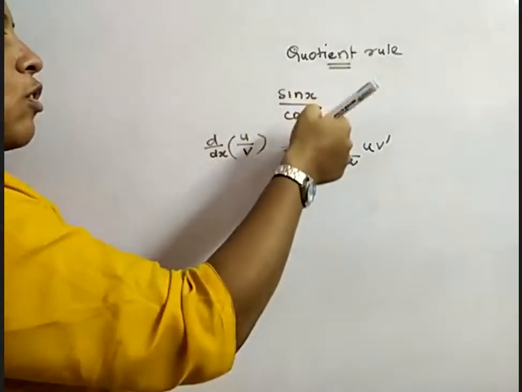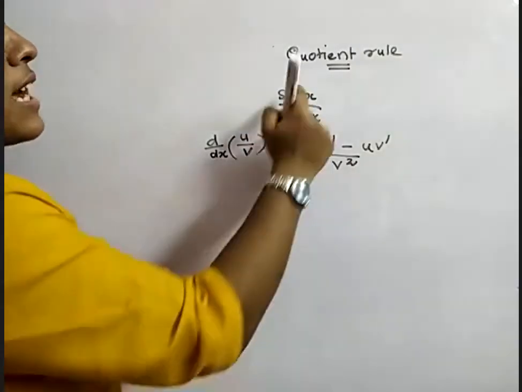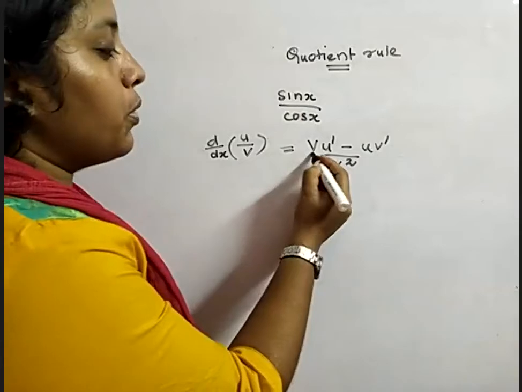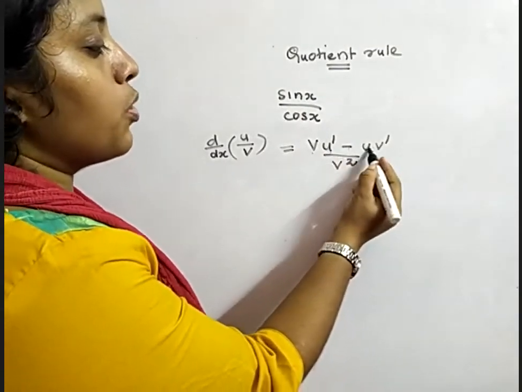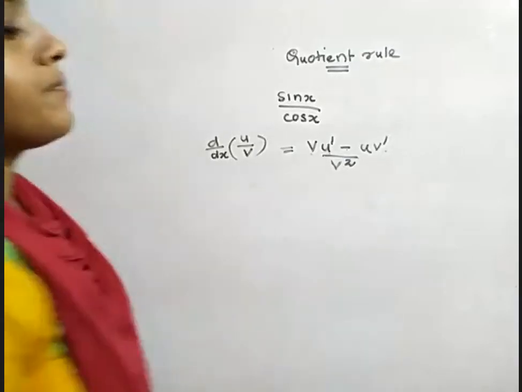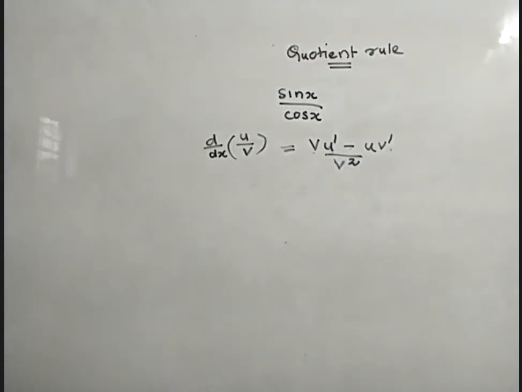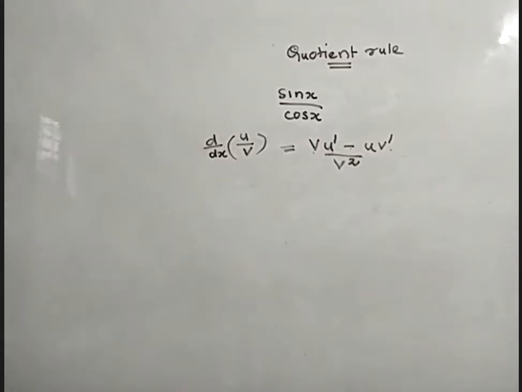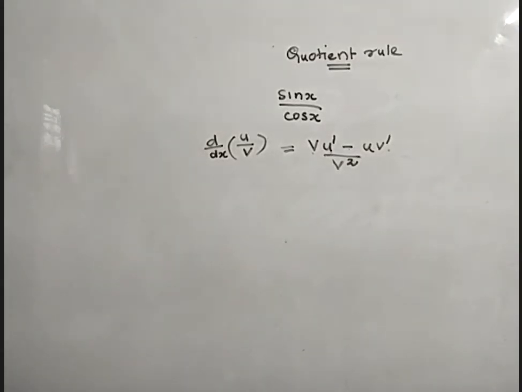Suppose we have a division like sin x by cos x, this is how you take the derivative. This is the derivative if we have a division like this, numerator and denominator. So note down this also.